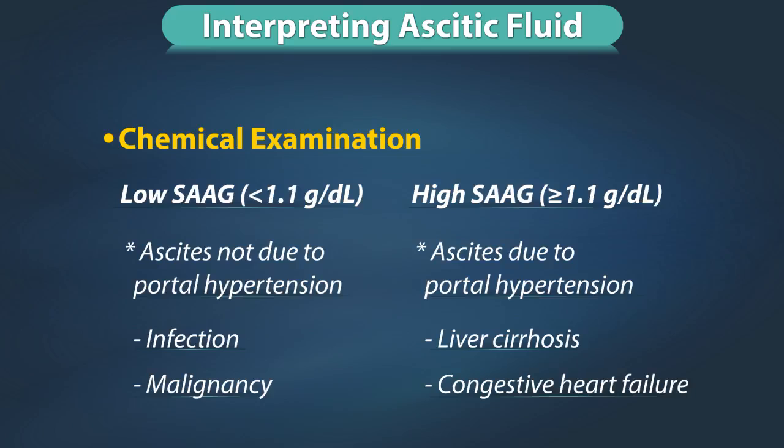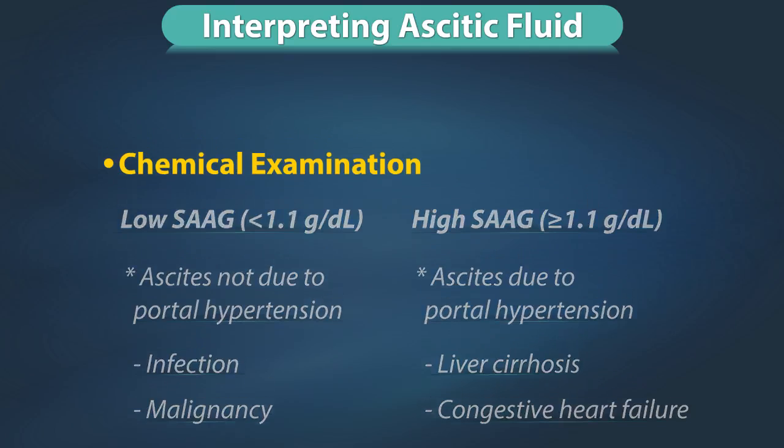A low SAAG of less than 1.1 gram per deciliter is seen in ascites due to infection or malignancy. A high SAAG of more than 1.1 gram per deciliter is seen in portal hypertension related ascites, liver cirrhosis, and congestive heart failure.